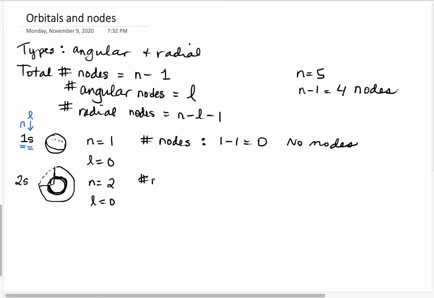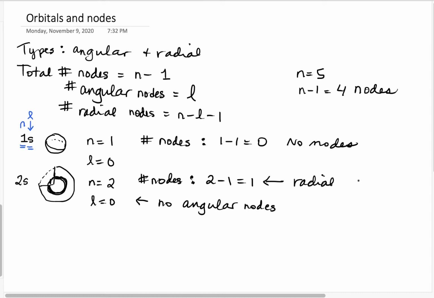So our number of nodes, 2 minus 1, is equal to 1. So we have one total node. L is equal to 0, so that means we have no angular nodes. And so that must mean that this is a radial node. And that makes sense, right? The radial nodes look like a little ring, and that's exactly what we have right here.